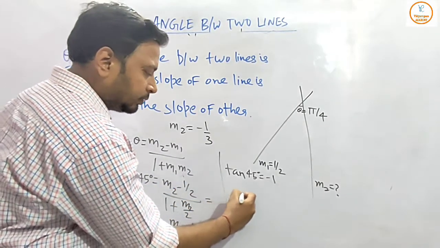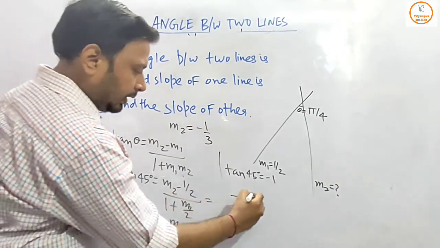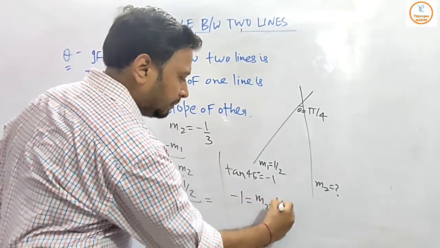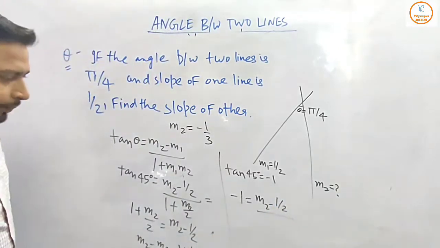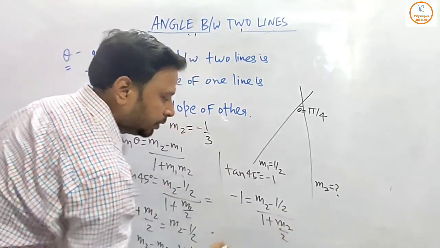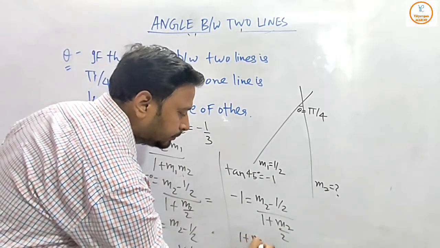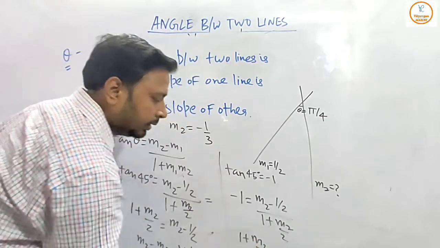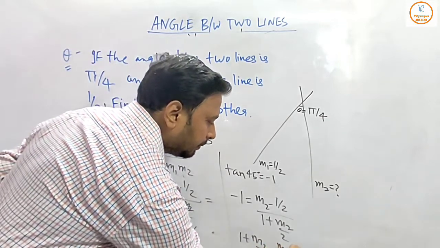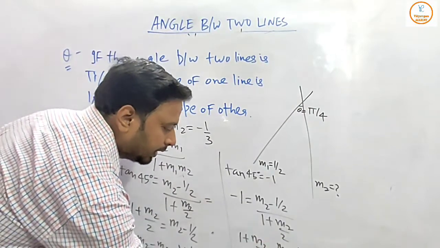So minus 1 is equal to (m2 minus 1 by 2) upon (1 plus m2 by 2). So it will come, 1 plus m2 upon 2 is equal to m2 minus 1 by 2, with the negative sign.